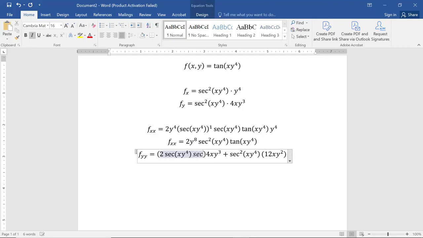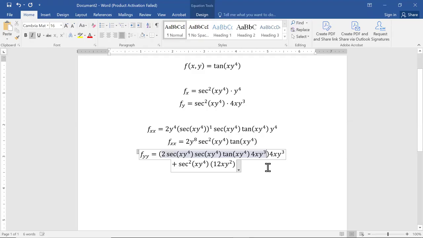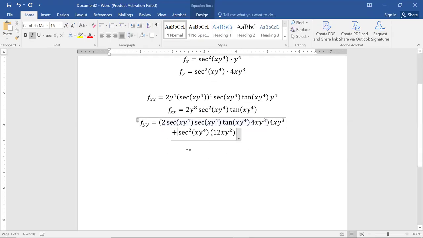Derivative of secant is secant times tangent, multiplied times the derivative of the argument, which is 4xy to the third. And yeah, that's quite the hot mess. We'll clean it up just a little bit.